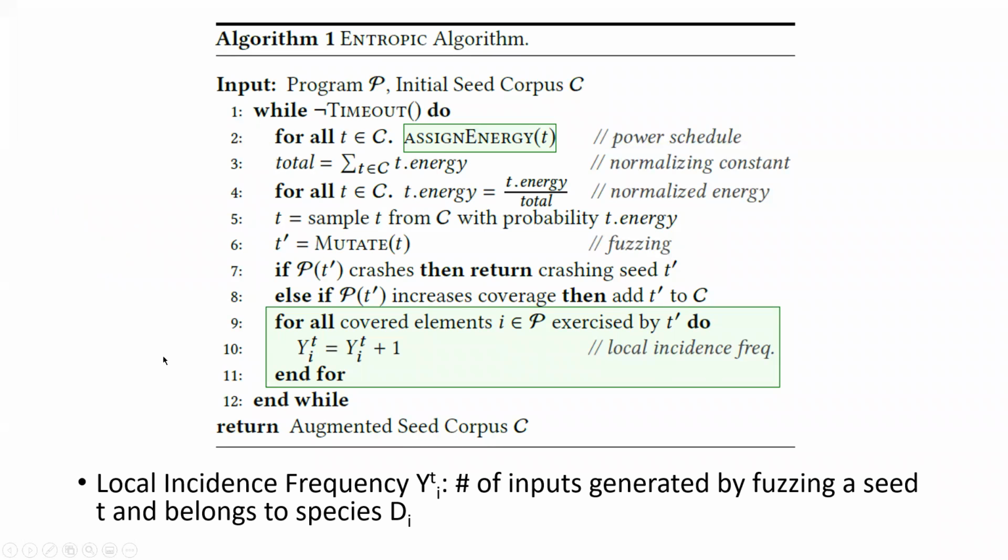Yep. So lines 9 to 11 are a loop that is added by Entropic. Basically, for all the species that are covered by this mutated seed, it calculates the local incidence frequency.